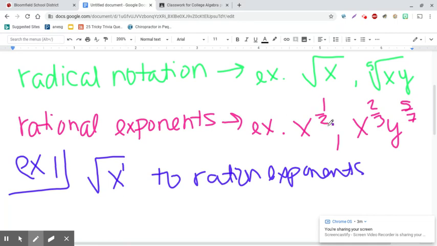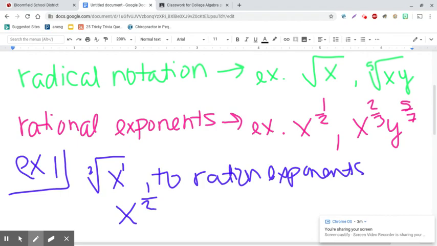And then your bottom is your index. What is the index of a square root? An invisible 2. So the answer to this would be x to the, this on top, index on bottom. Done.